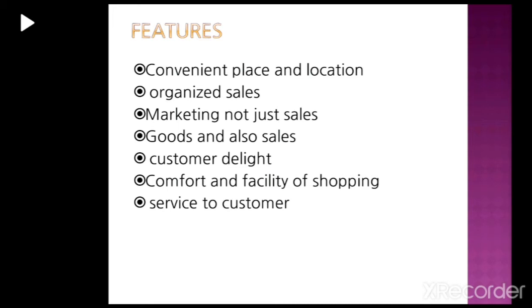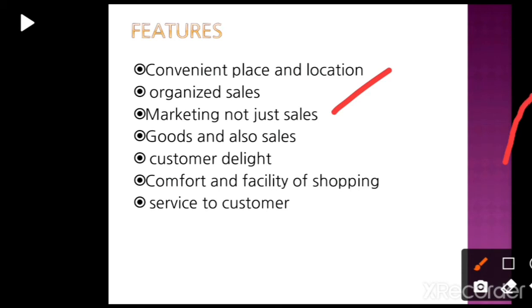Let us move to the next point, that is, market, not just sales. We already studied this aspect under the introduction. Retailing, especially organized retailing, is not just sales. It involves the marketing aspect too, because organized retailing is not an activity of just sales. It is a marketing activity.